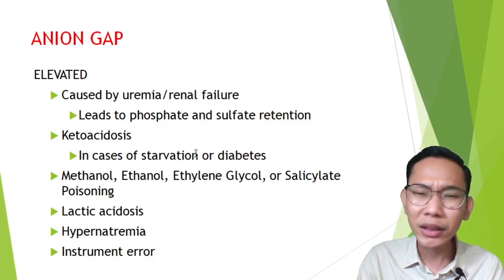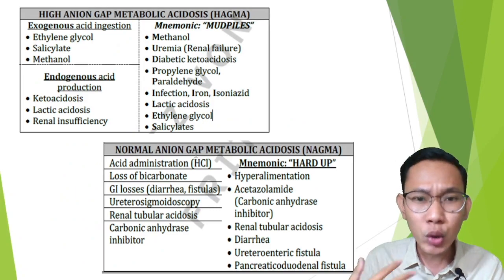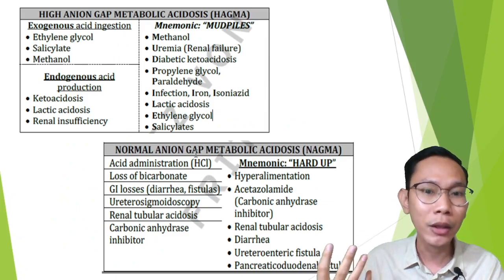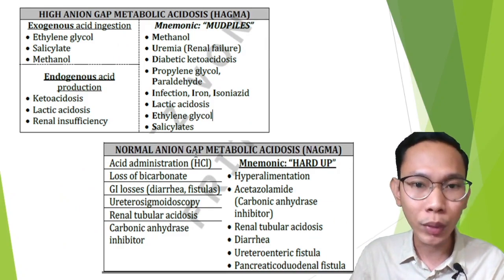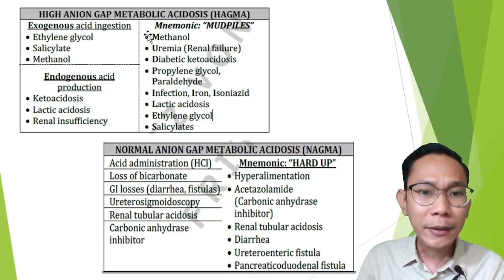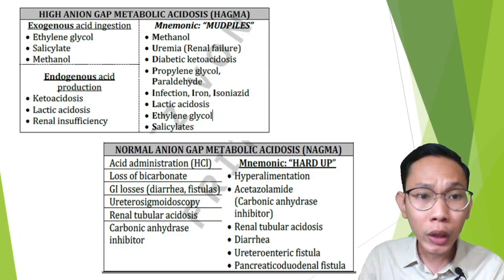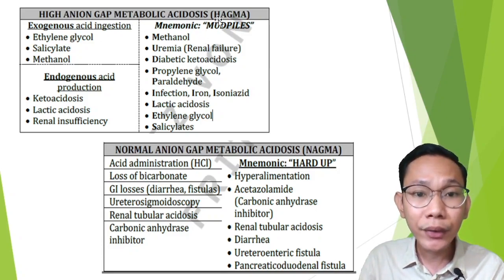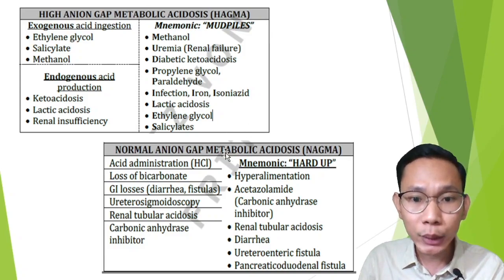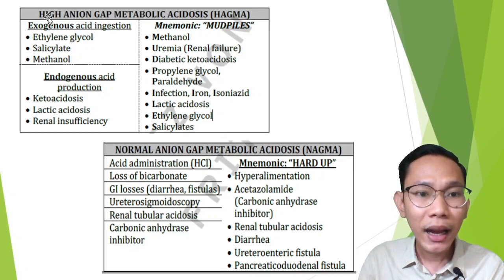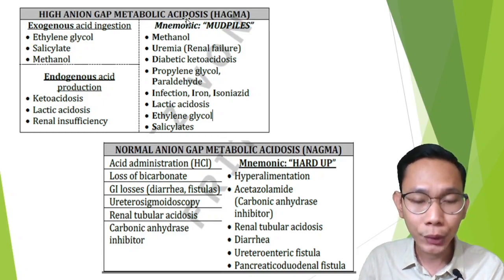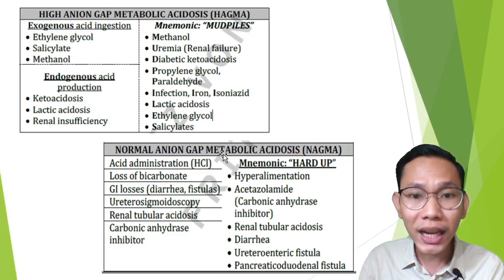This will be discussed in medicine. I just want to show this so that you will be able to familiarize yourself with it. A useful tool of the anion gap is to differentiate your metabolic acidosis. How do we differentiate? It's either high anion gap metabolic acidosis or normal anion gap metabolic acidosis.